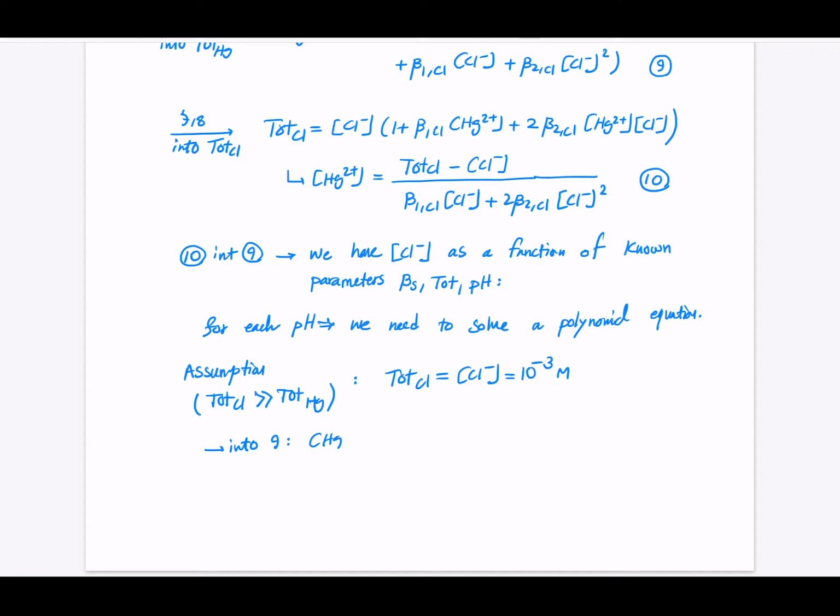In that case, Hg2 plus would be total Hg divided by 1 plus, similar to the previous lecture, beta 1 OH times OH minus, plus beta 2 OH, OH minus to the power of 2, plus beta 1 Cl, total Cl, plus beta 2 Cl, total Cl to the power of 2. And this would be expression number 11.